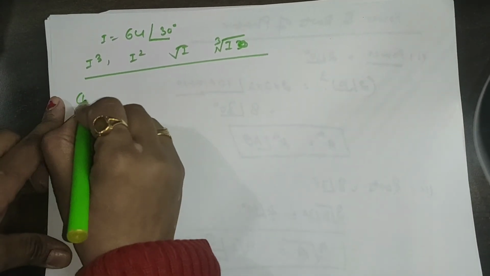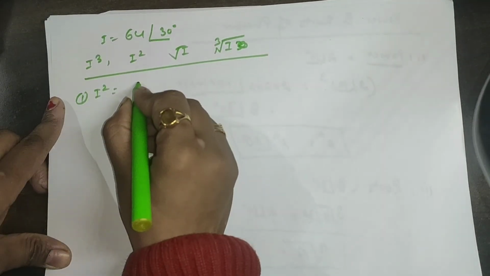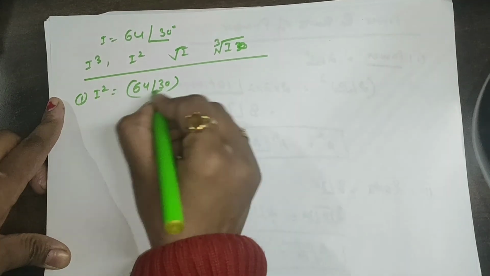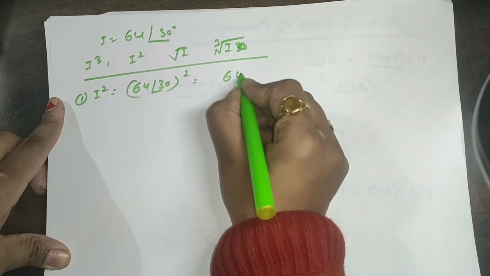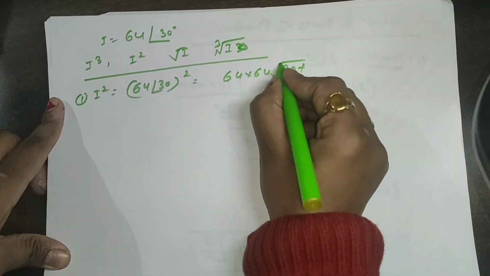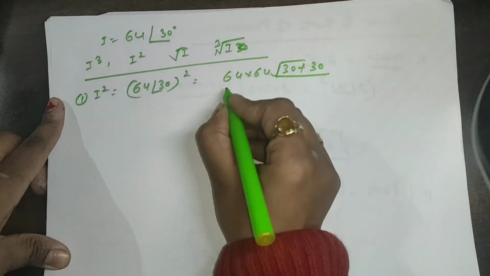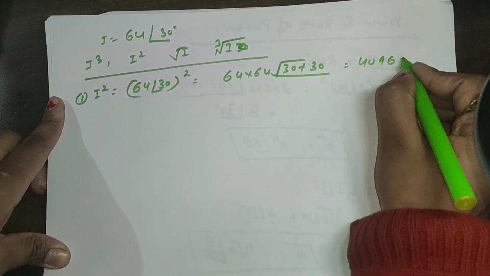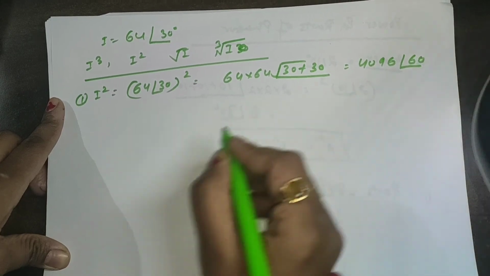First, I square, that will be 64 angle 30 squared, that is 64 into 64 angle 30 plus 30. So 64 into 64 is 4096, angle 60.